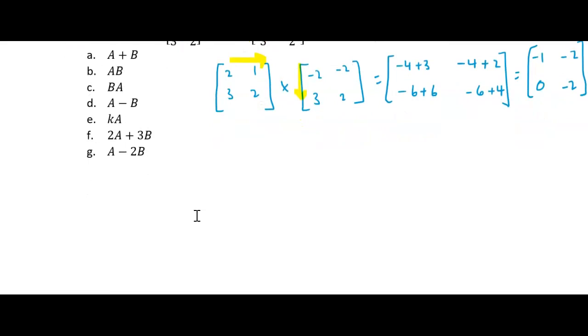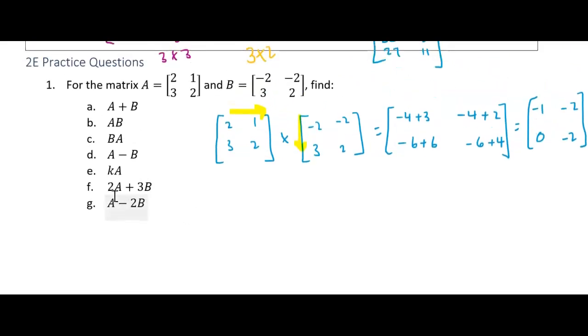So yeah, question F, you're going to have to do 2 lots of A first and then 3 lots of B and then add them together. So you can't add them together and then multiply them by 5 or 6 or whatever you think you might have to do. So let's do F. All right, so 2 times A, so 2A, so basically we're multiplying this whole matrix, 2, 1, 3, 2.